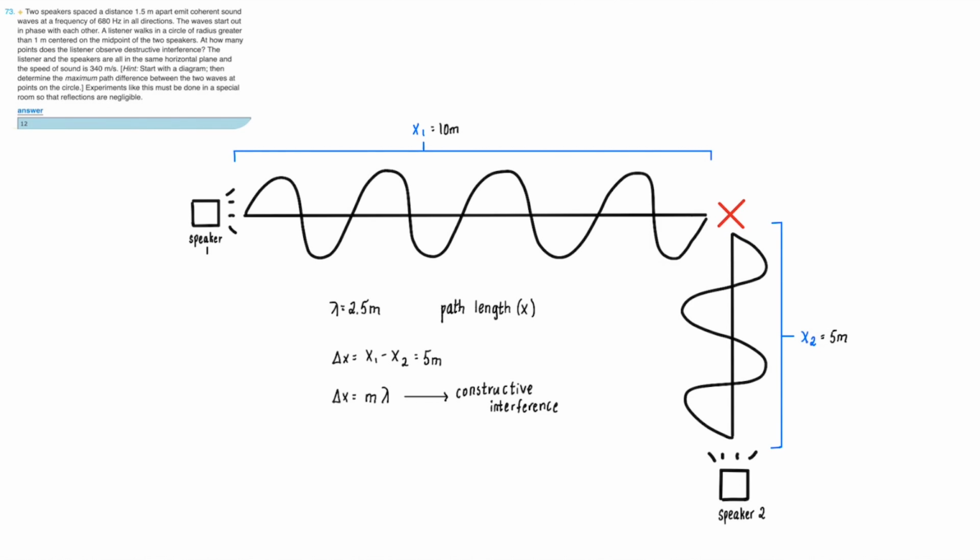On the flip side, if path length difference is equal to a multiple plus 0.5 times the sound's wavelength, then we'll get destructive interference. In this case, our wavelength is equal to 2.5 meters, and our path length difference is 5 meters. Because our path length difference is a multiple of our wavelength, so m is equal to 2, we'll get constructive interference at our red X.